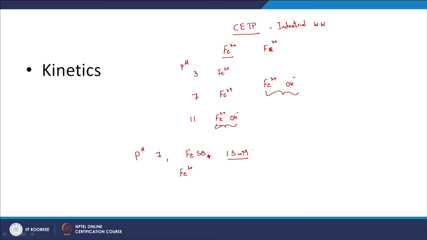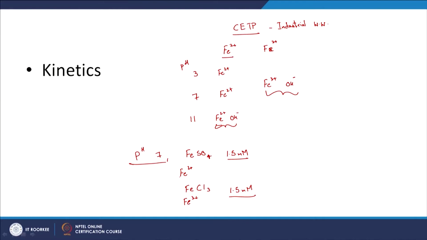In the other I add FeCl3, a source of ferric Fe3+, at the same concentration of 1.5 millimolar. But unlike the previous sessions, when we did not consider precipitation as feasible, here I am going to consider precipitation as a feasible process.